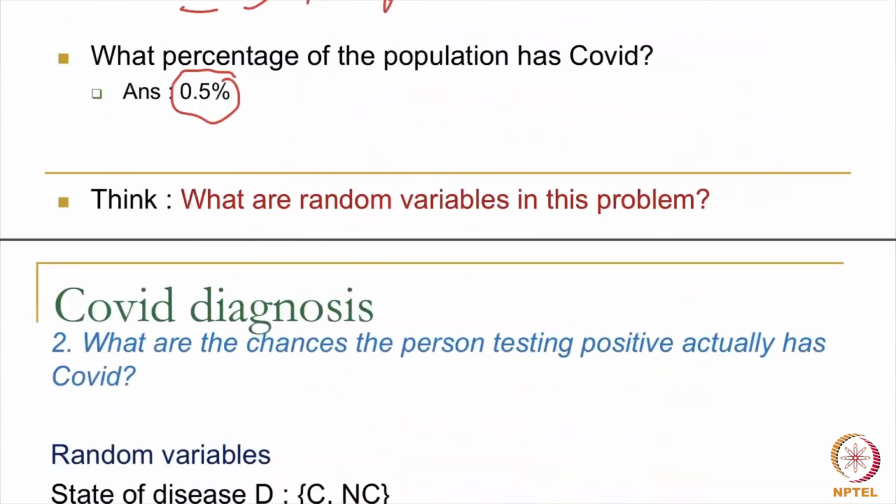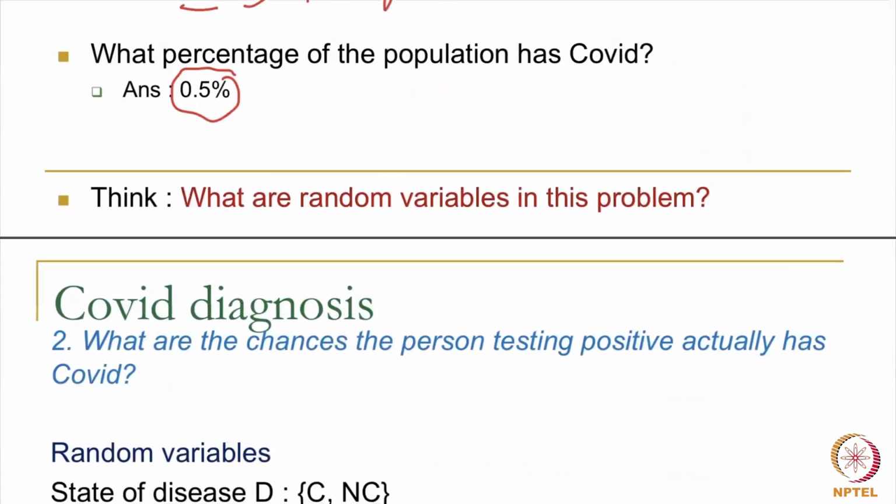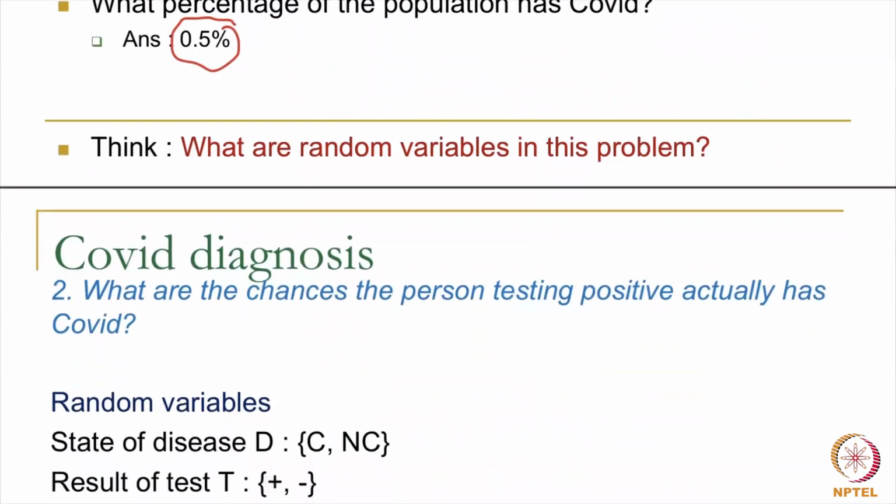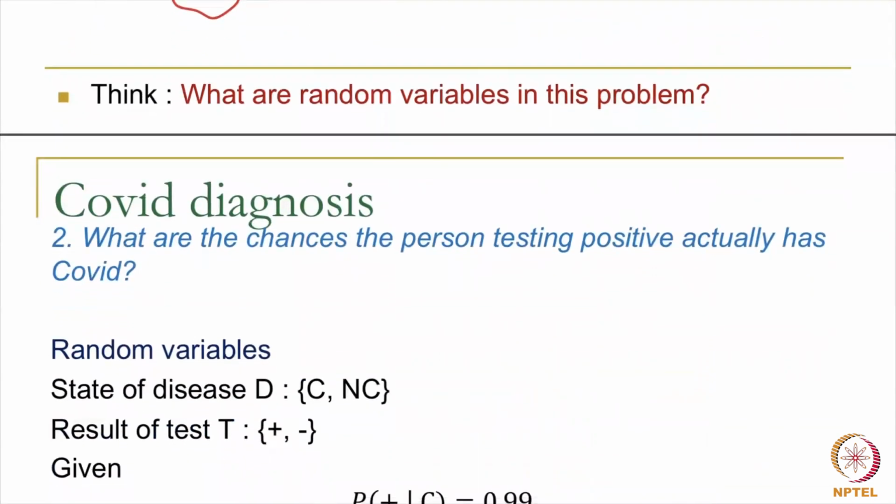Okay. So it's important to think what are the random variables in this problem. So here is the question. What are the chances that the person testing positive actually has COVID? So here we now carefully define our random variables. Now our random variables are two things. The state of the disease. Okay.